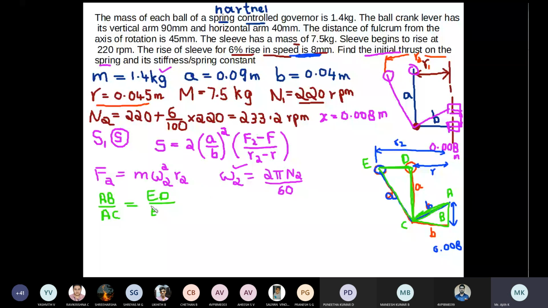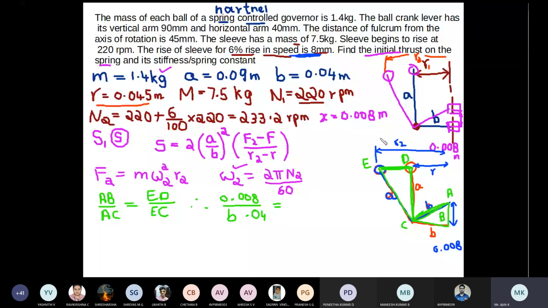Therefore, what is AB? AB value is known. It is 0.008 meter divided by, what is AC? AC is small letter b, and the value of small letter b is 0.04, is equal to, how can you write this ED?